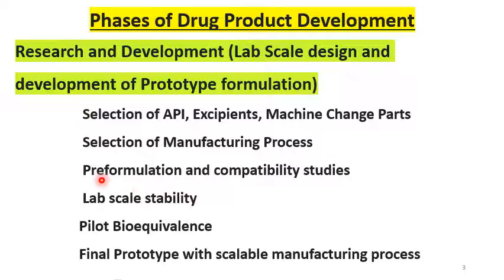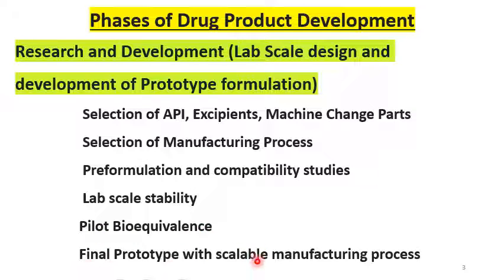Then pre-formulation and compatibility studies are done to check any incompatibility of the drug substance with the excipients or packaging materials. Then lab scale stability is performed at 40/75, 30/65, 30/75 and long term. Then, as per the product requirement, pilot bioequivalence studies are done with the lab scale batches so that there will be additional confidence of passing the pivotal bioequivalence.